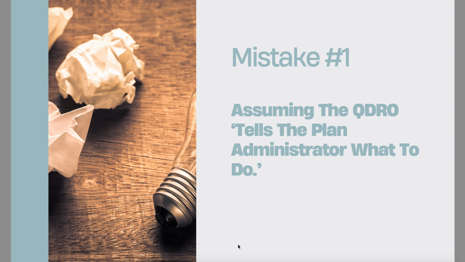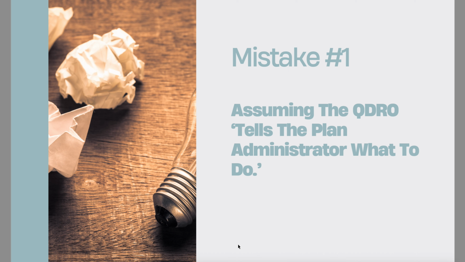Before we get to those hiccups, there are 4 basic fundamental facts that you should know about a QDRO. So first, no qualified plan can divide retirement assets without a QDRO, and this dates back to the Employee Retirement Income Security Act, also known as ERISA, of 1974.